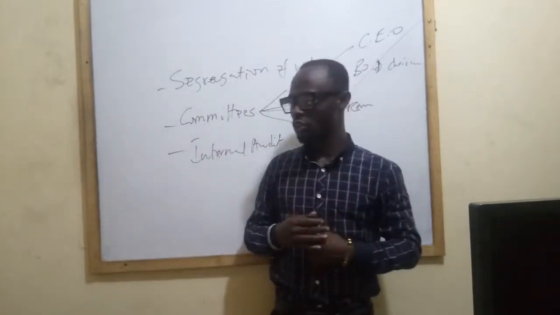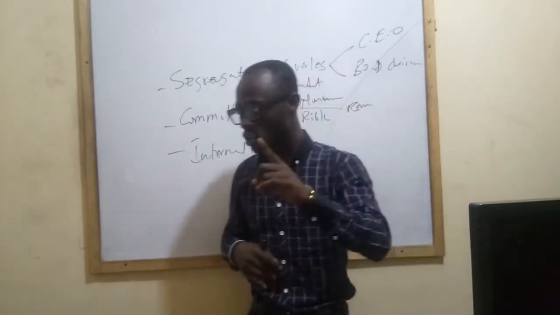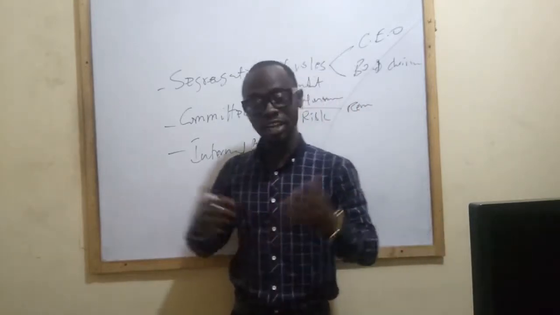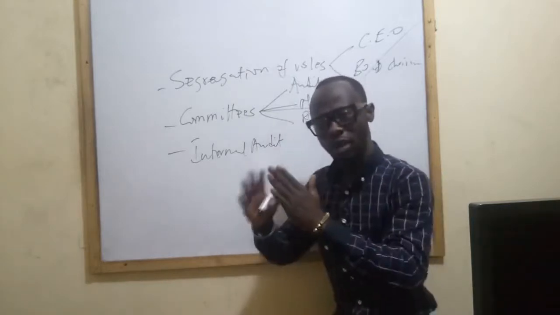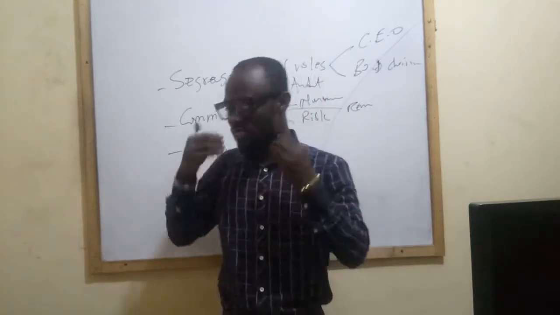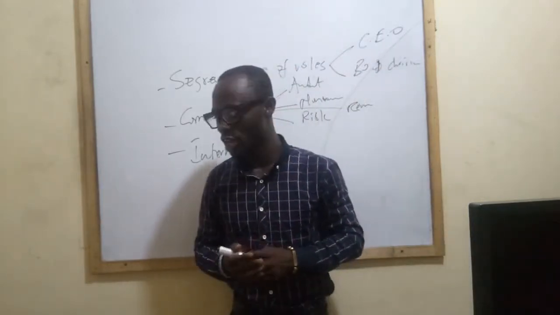Now, best practice for listed companies also guides that the company should have an audit committee of at least 3 non-executive directors. In case of smaller companies, 2 non-executive directors. So for best practice, if it is a large company and it is listed, it must have at least 3 non-executive directors who are part of the audit committee.